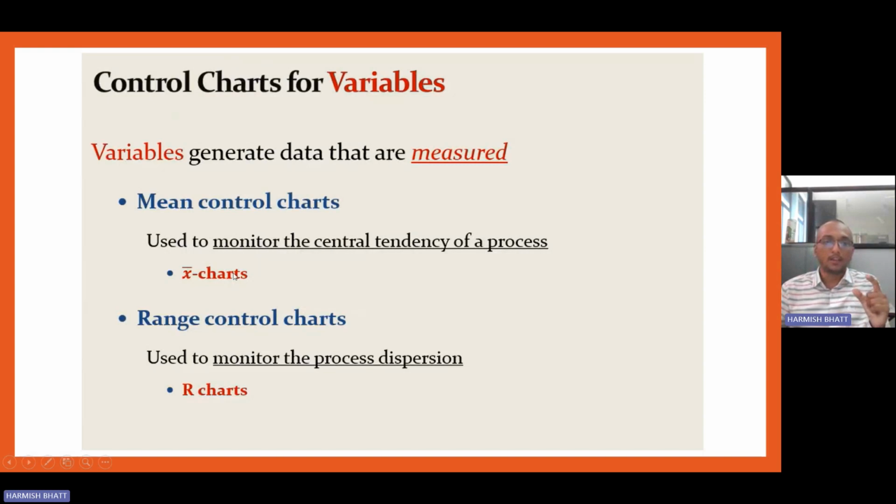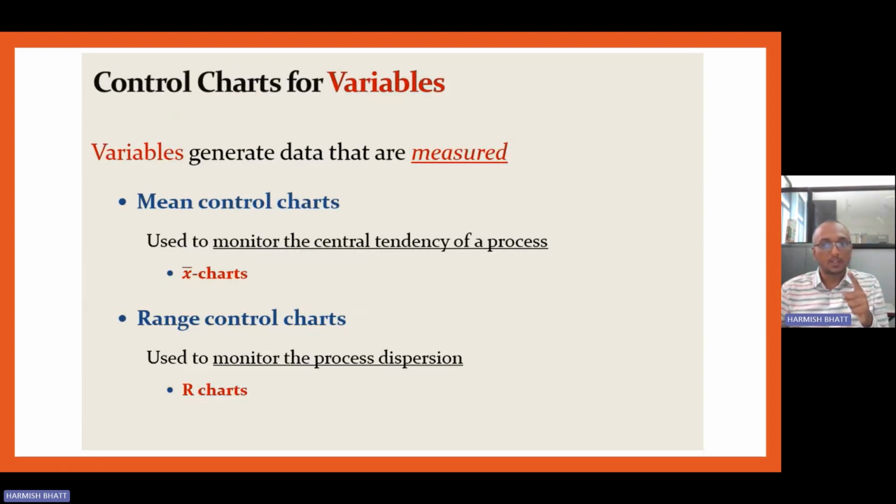Okay. While when we are talking about the X bar chart, and when we talk about sample 1, suppose the quantities which we measured have the values 1, 2, and 3. So we will take the mean of it: 1 plus 2 plus 3 divided by the number of items, that is 3. So it will be equal to 2. And for lot 2 or sample 2, the minimum was 7, maximum was 15, and the intermediate is 11.